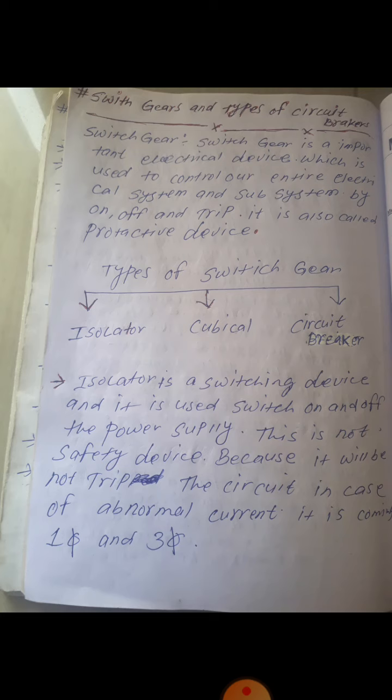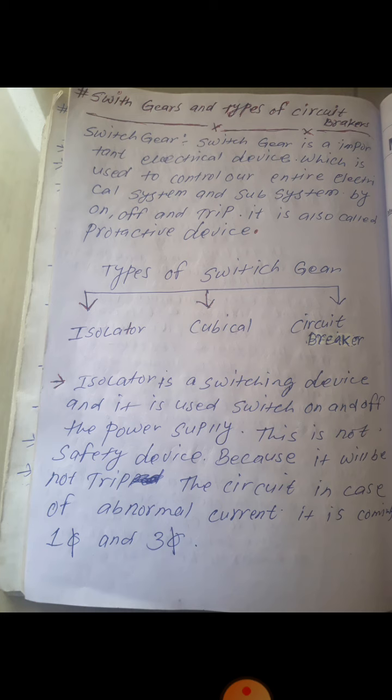Today our electrical topic is switch gear and types of circuit breaker. Switch gear is an important electrical device which is used to control our entire electrical system and subsystem by on, off, and trip. It is also called a protective device.